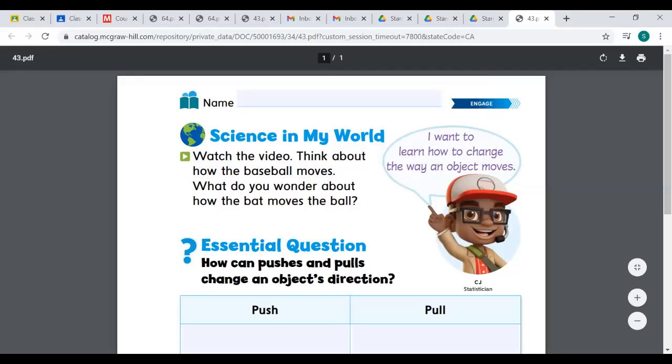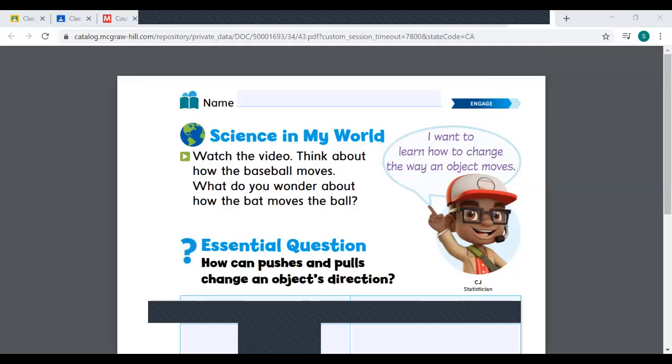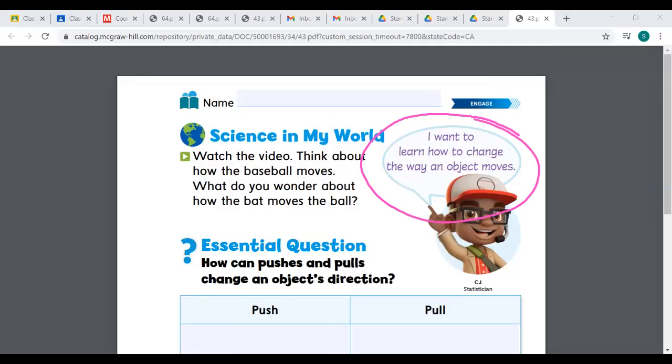Let's read what CJ is saying right here. He says, I want to learn how to change the way an object moves. So how can you change the direction of an object?